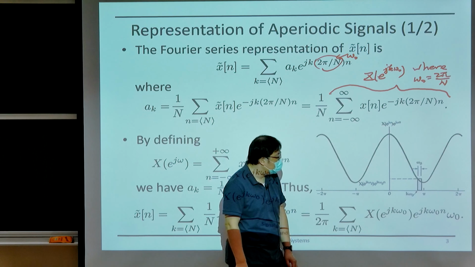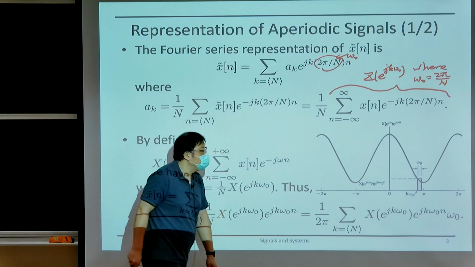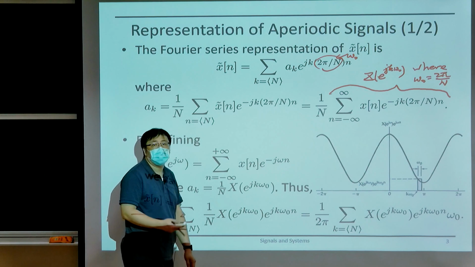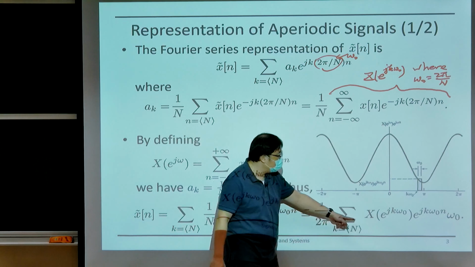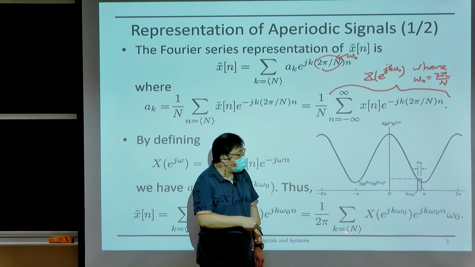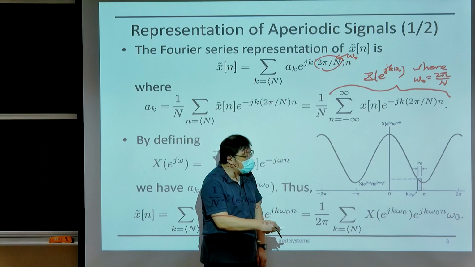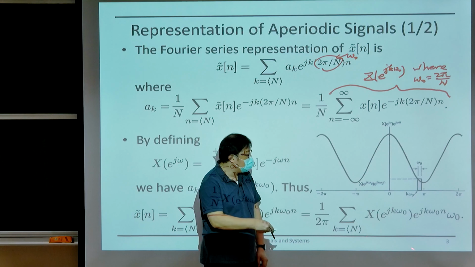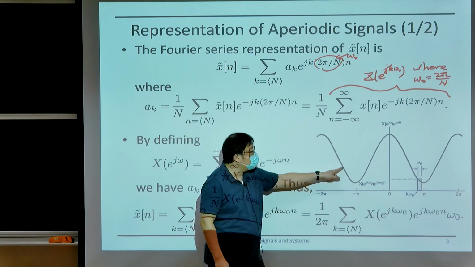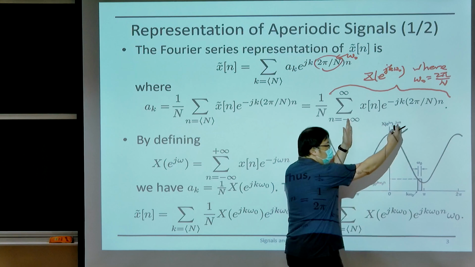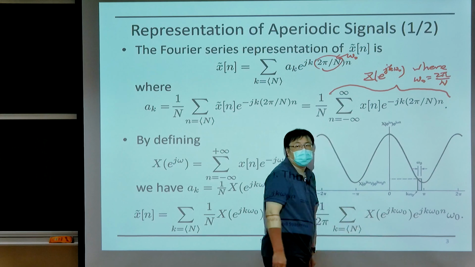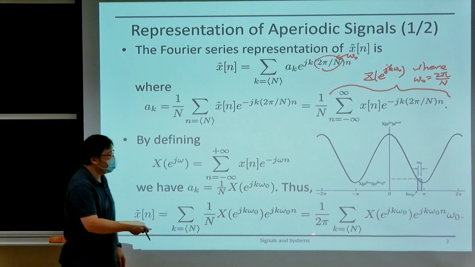And you can show, I'll probably have to show this tomorrow, that this summation eventually converges as omega naught goes to 0, converges to a Riemann integral of this function over one period. Okay, so let's do that tomorrow.